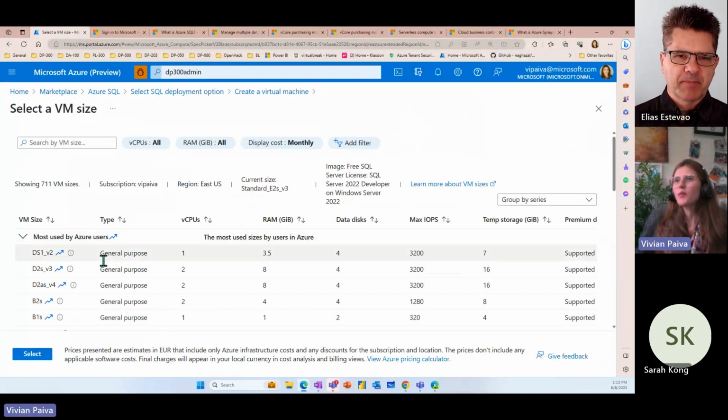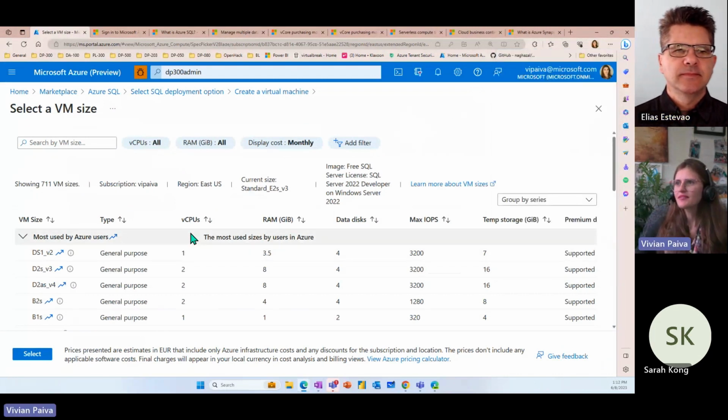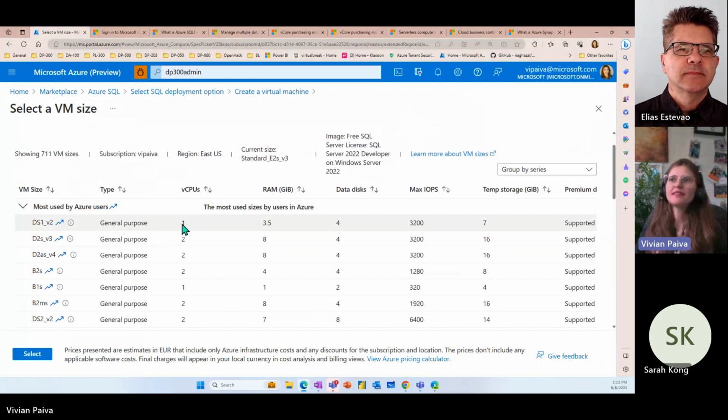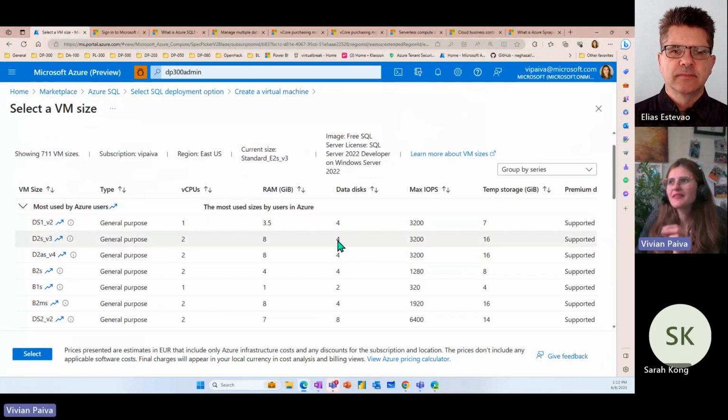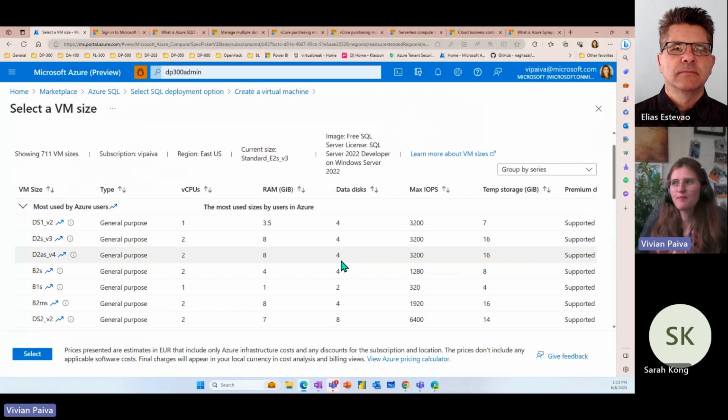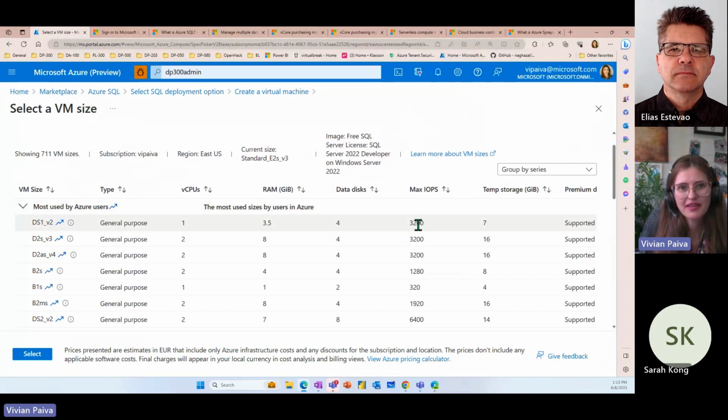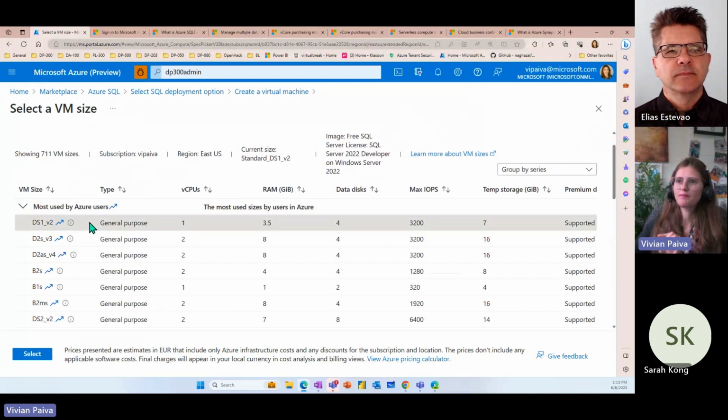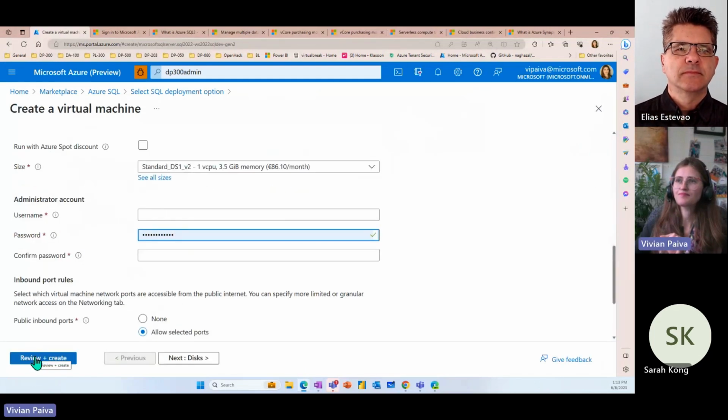Okay. So when we are choosing the size of this machine, we are taking into consideration the number of vCores, but when we're talking about storage, we have here the number of disks that we can attach to this VM. That's related to the sizing and also the max IOPS that we get with that size. So imagine that I choose, for example, this one. I select it.